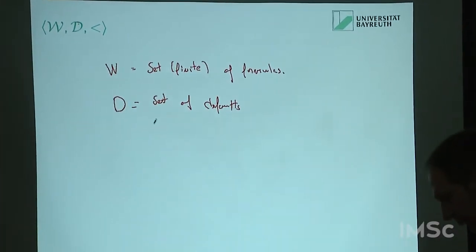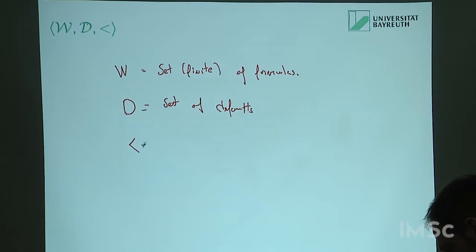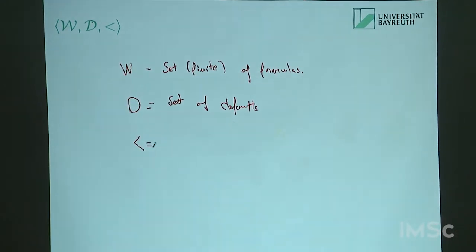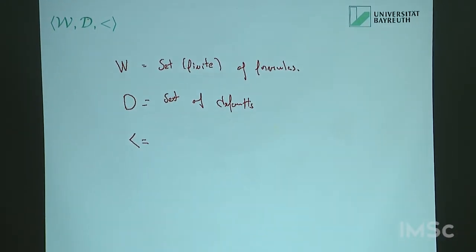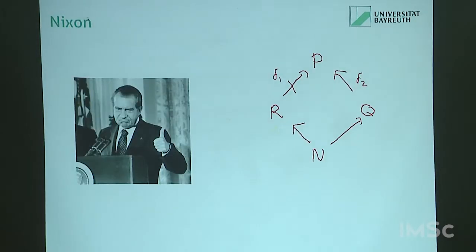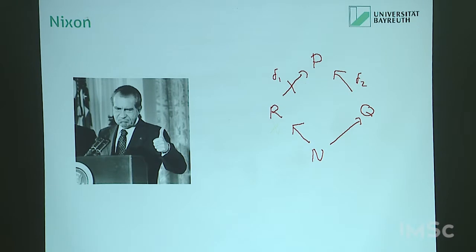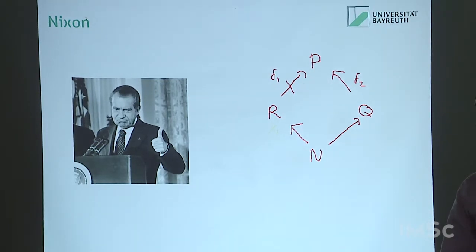I'll show you later what to do with this. This is a priority relation between defaults. The reason is that, for example, in the Nixon case, you might think that religious beliefs take priority over political allegiance, or the other way around. In the presence of a conflict like this one, you should prioritize.